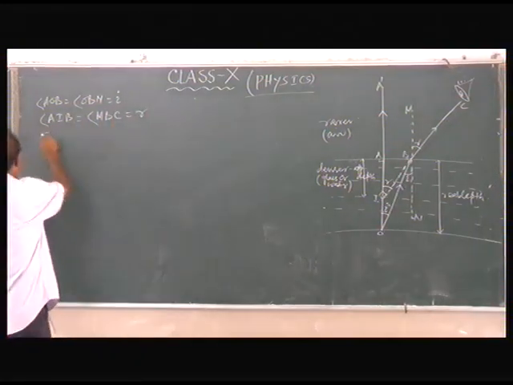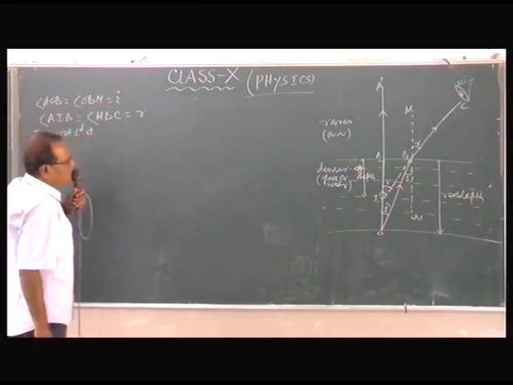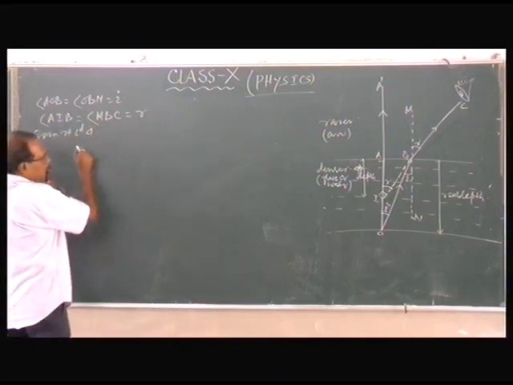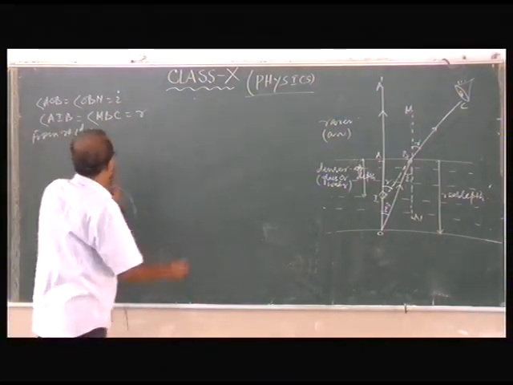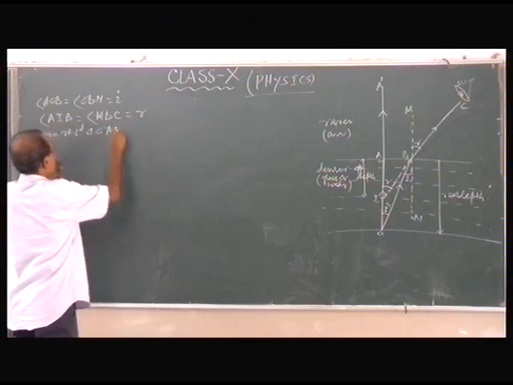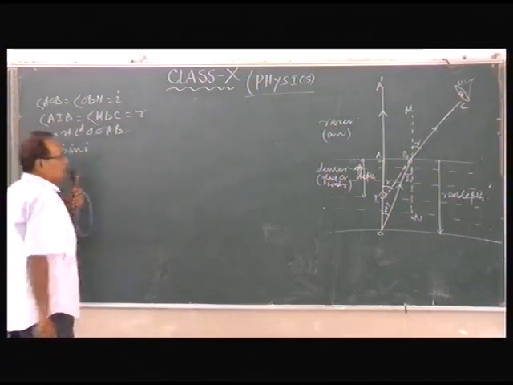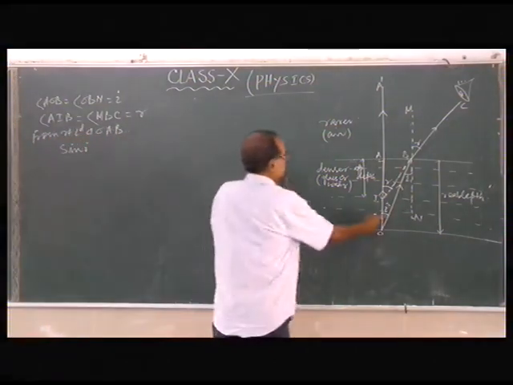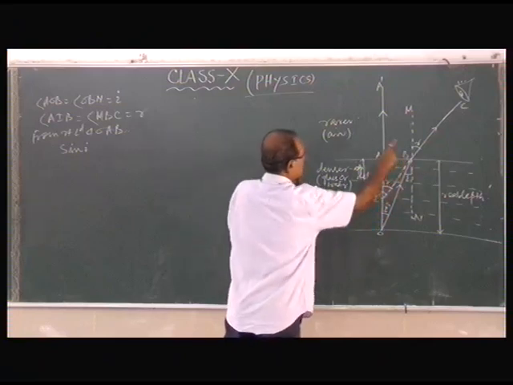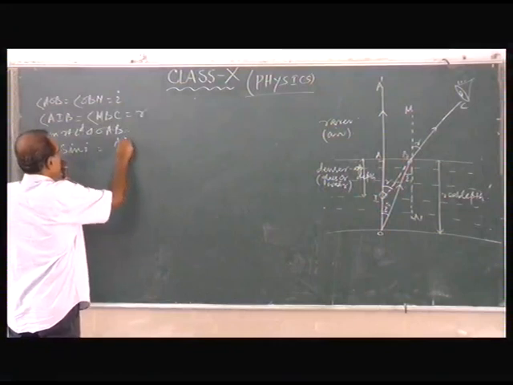Now from right angle triangle OAB, sin I equals AB by OB.